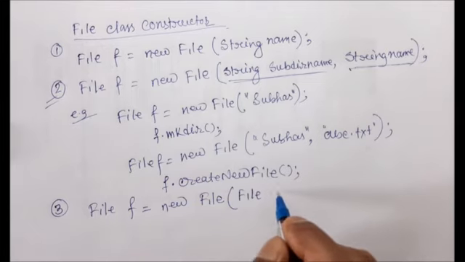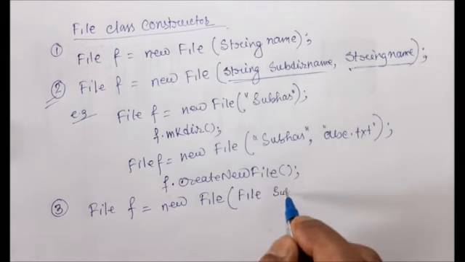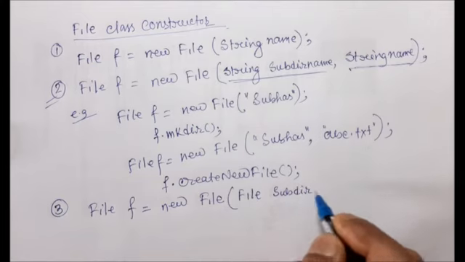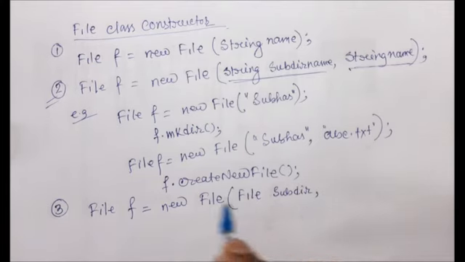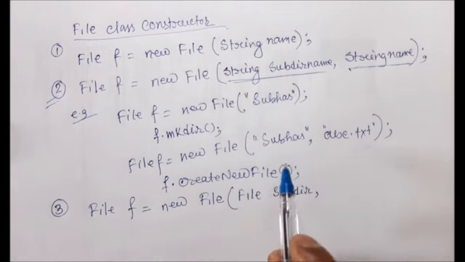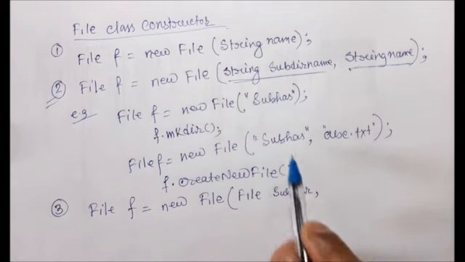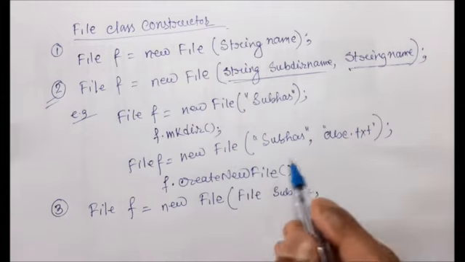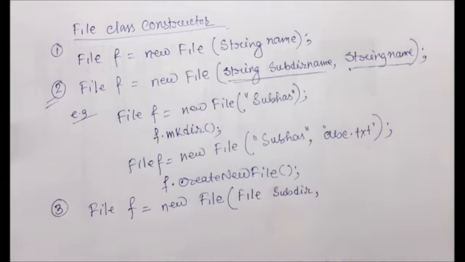So, File type subdirectory, which means we have already created the object f. Okay, instead of Subhash, we can simply write f, comma, the second argument abc.txt. So, we can write in this way.